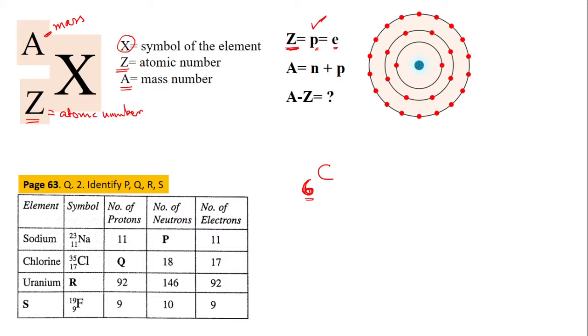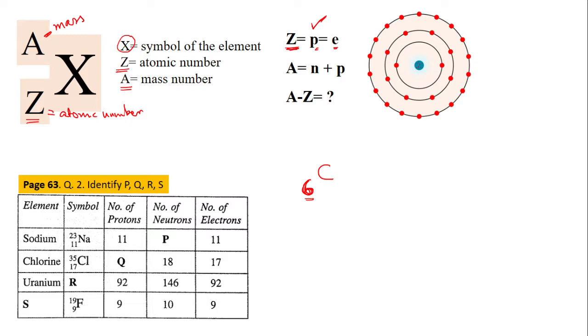Can I write like this, whether it will be correct? No, sir. Is it possible that carbon can have atomic number 7? No, sir, it's not possible. Why? Because its number of protons will change and the chemical properties will also change.